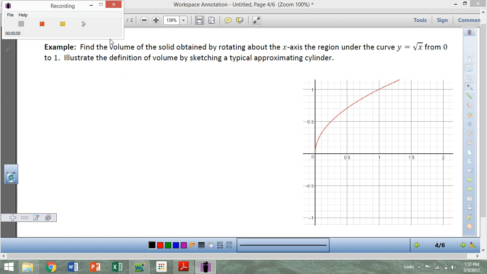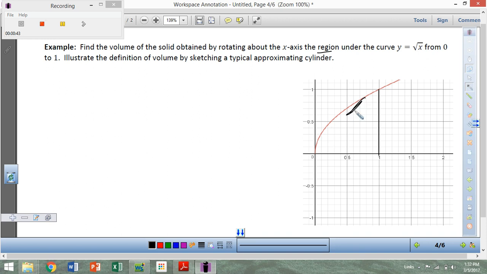So what I want to do is first find the region under the curve of y equals square root of x from 0 to 1. That would give me this region right here.